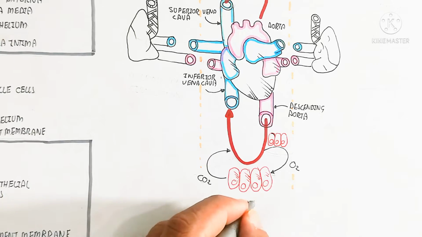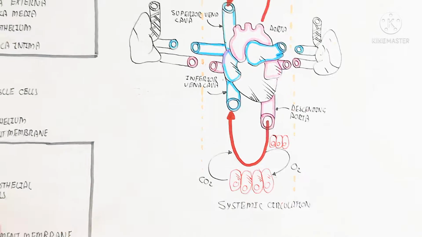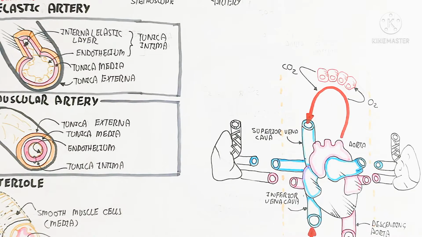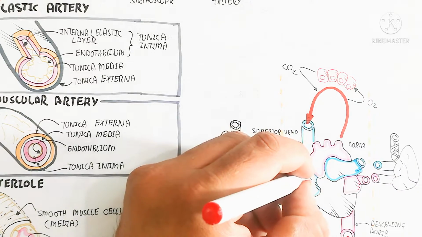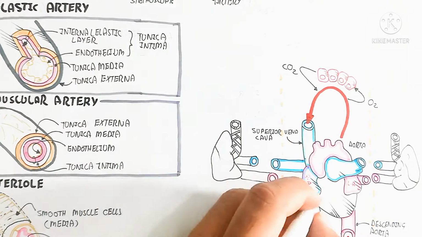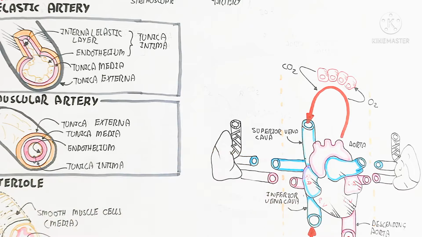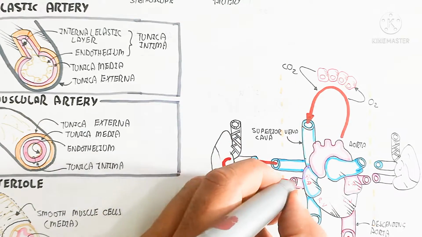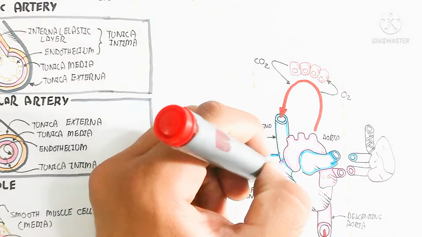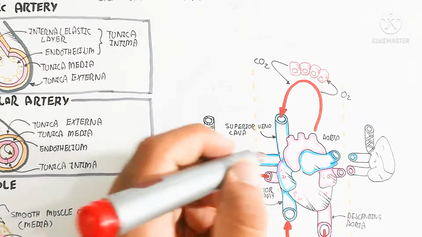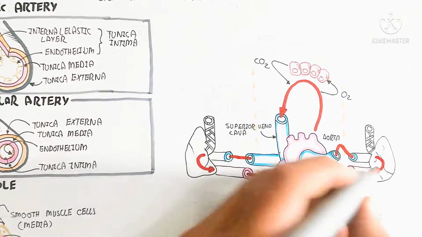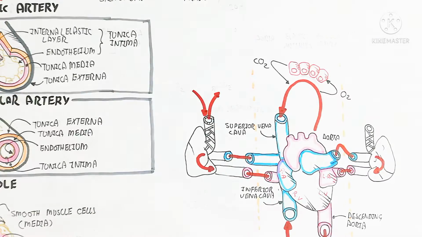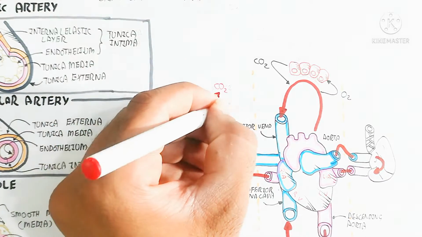And ultimately in this way, here is the systemic circulation, while the pulmonary circulation is different. In this way, the deoxygenated blood moves toward the lungs through the pulmonary artery, while the pulmonary vein transmits the blood after breathing, and the oxygenated blood will move toward the heart to the left atrium.